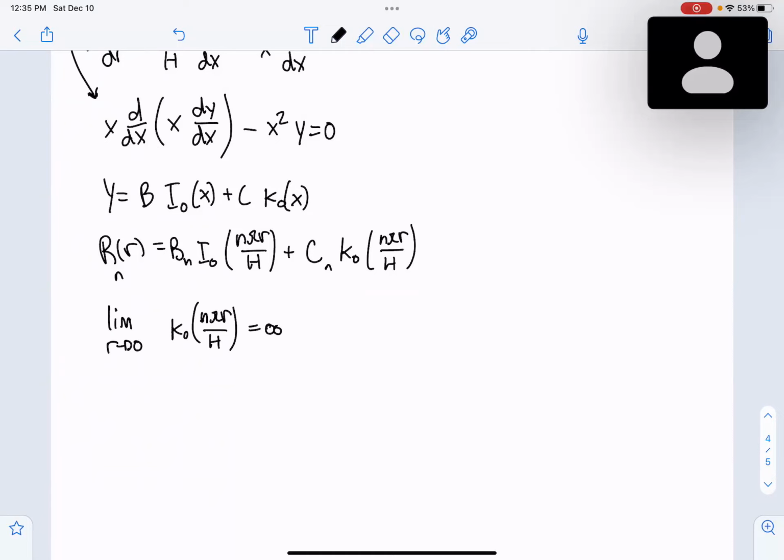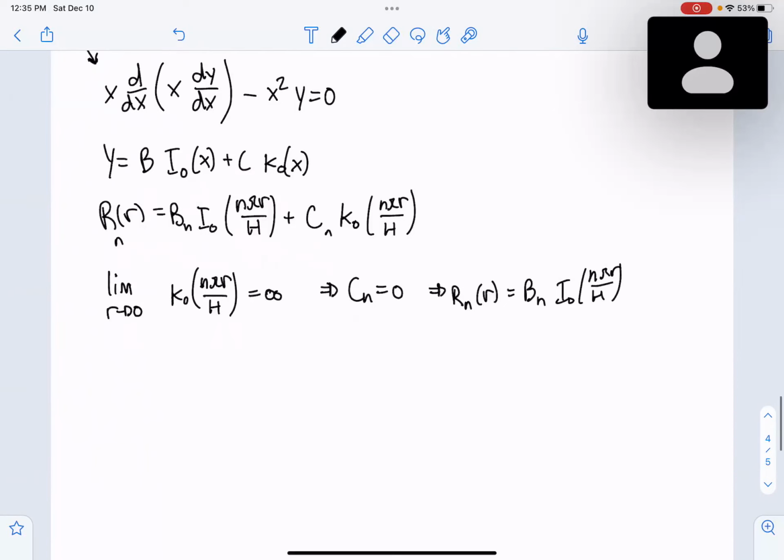So we need to say that Cn is equal to 0. And this obviously just gives us that Rn of r is equal to only Bn I naught of n pi r over h. So again, this is a property that you kind of need to remember here. And I know it's not the most trivial thing, but it's important. And I think the best way to show that is just showing the graphs of the functions.